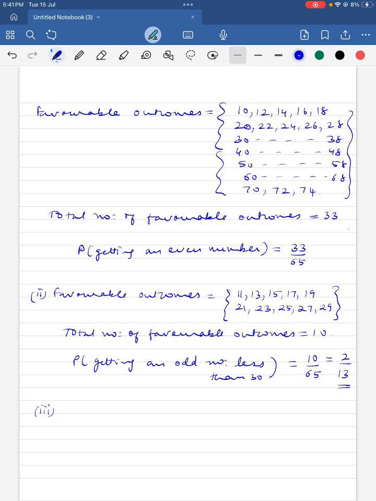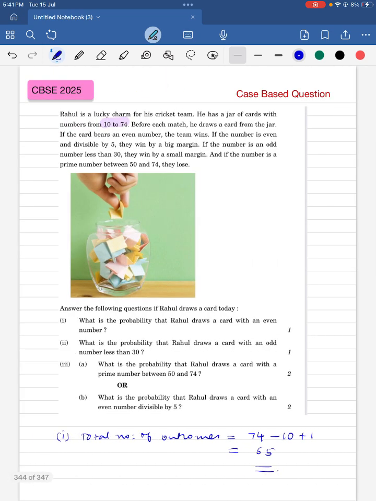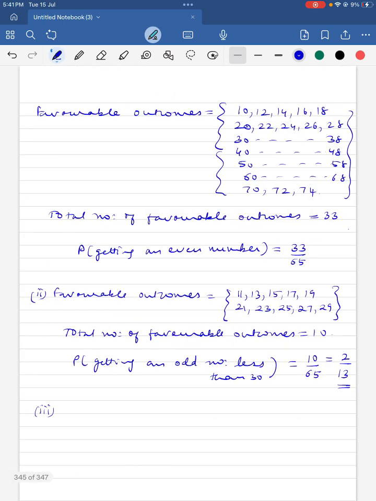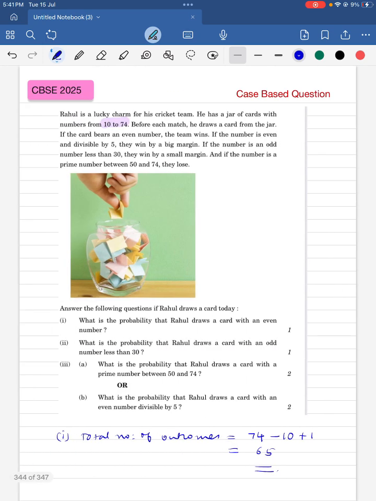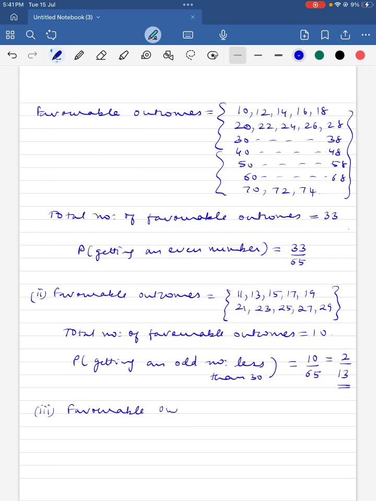Now in the third part, the A part, they're asking for the probability that Rahul draws a card with a prime number between 50 and 74. Let's write out the favorable outcomes. I have to think of all the prime numbers between 50 and 74. They will be 53, 59, 61, 67, 71 and 73.